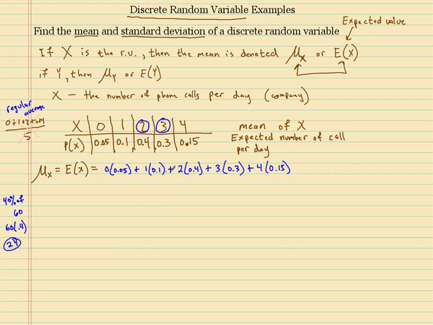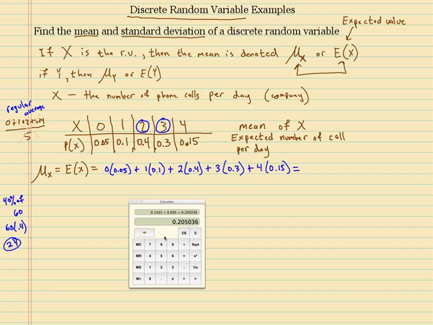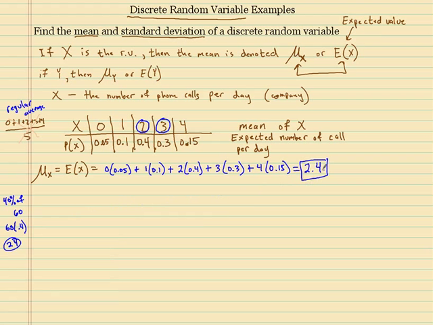I'm taking into account the percentage of every single case, and this is going to give me my expected value. I don't have to actually do 0 because 0 times any number is 0. So 1 times 0.1 plus 2 times 0.4, and so on. I'll go ahead and do this out and pause the video to shorten time. We're back with 2.4, and that makes sense.